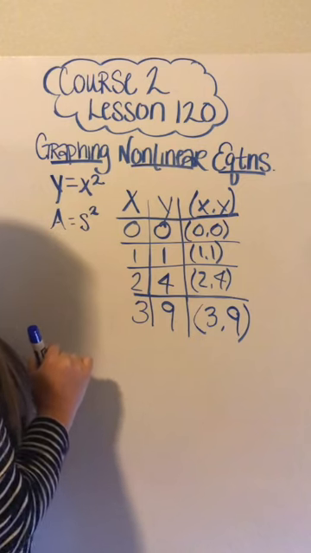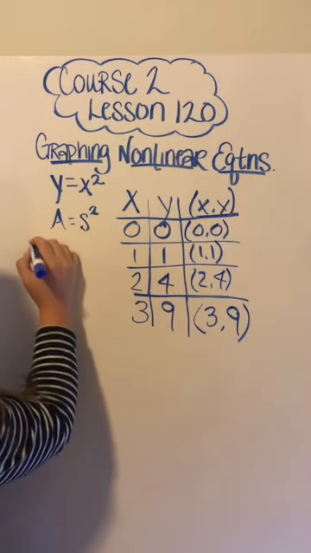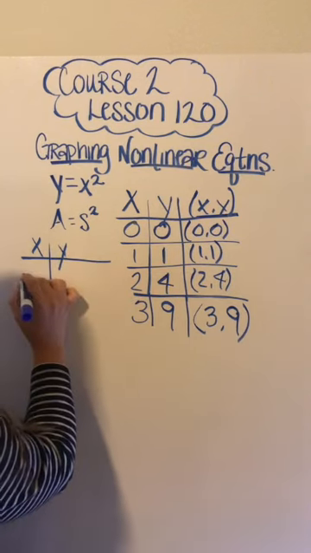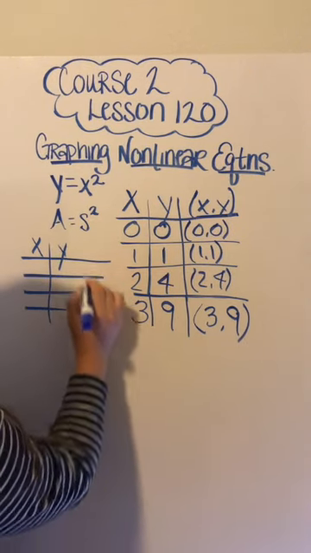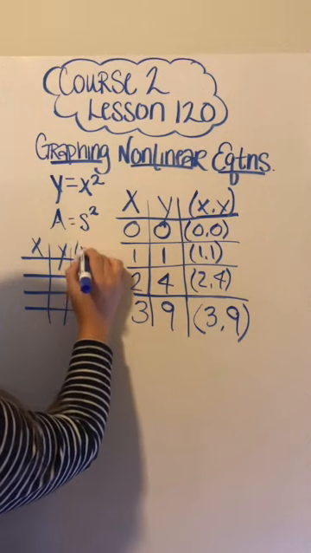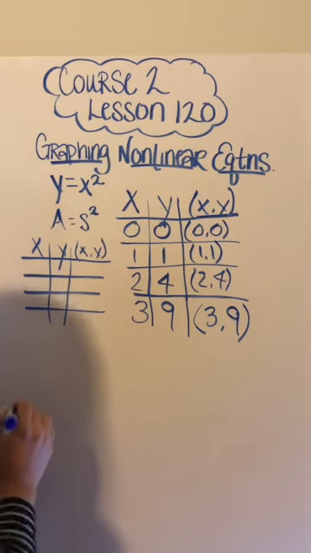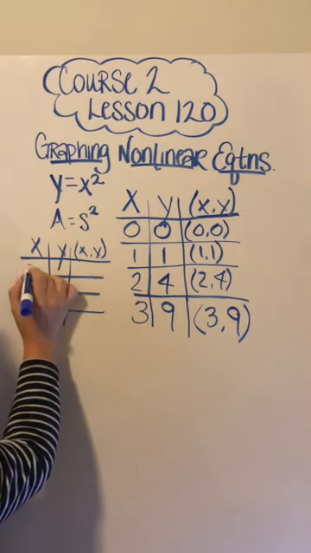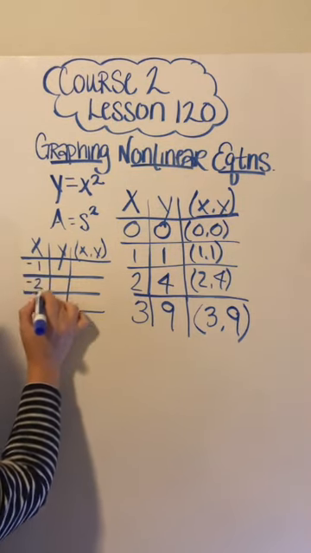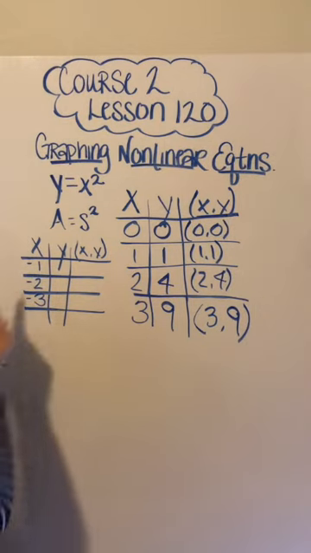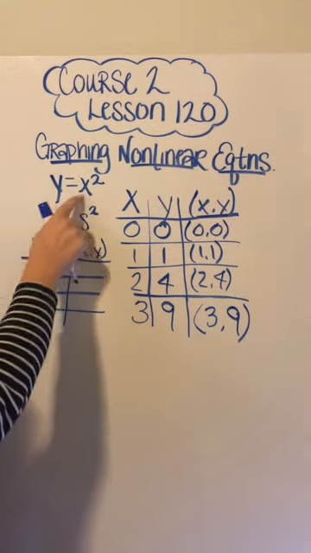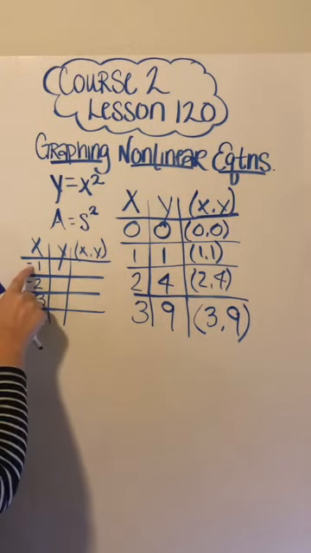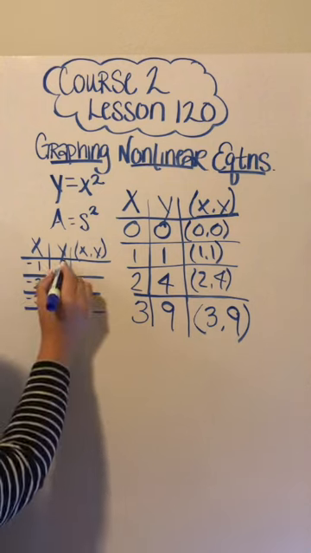So we also want to do this with negative numbers. So I will do that over here, a little bit smaller. So we can't do 0, but we will do -1, -2, and -3. So once we plug -1 into here, we know that -1 squared, we are basically just ignoring this negative sign, so we get 1.